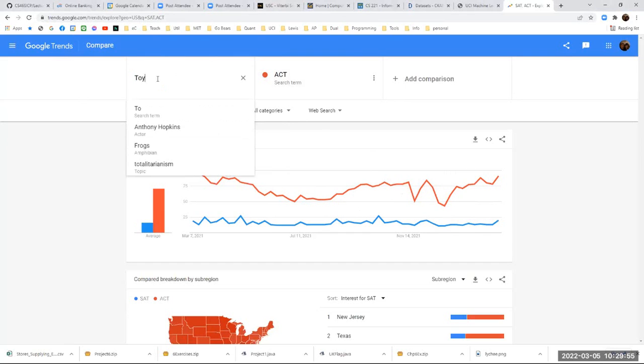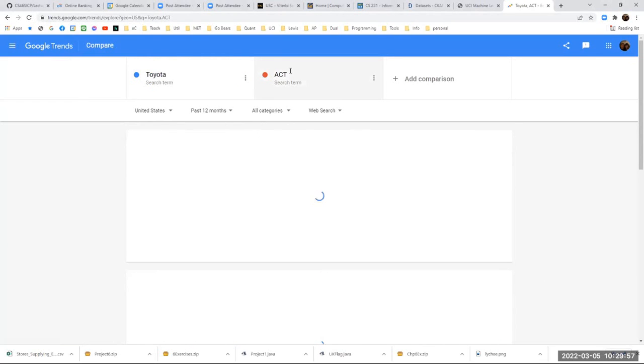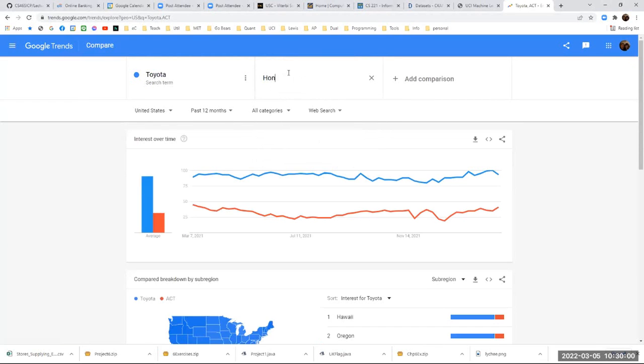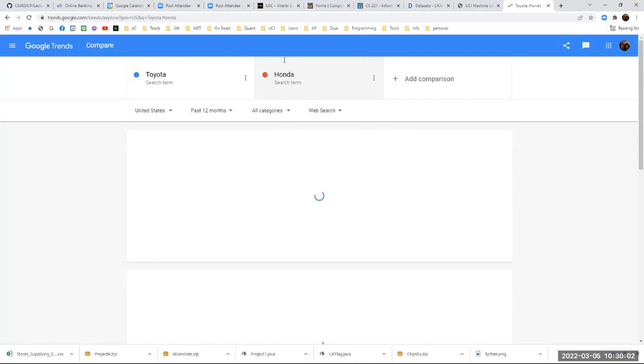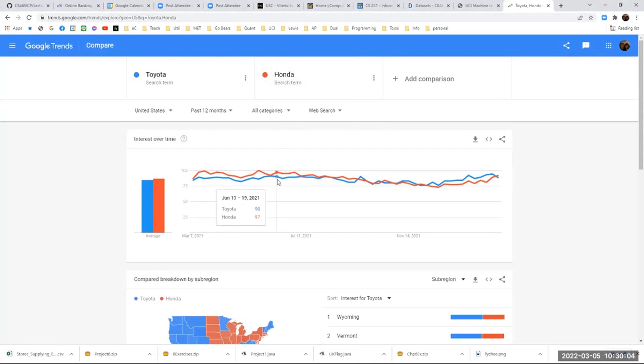Same thing here. If I say Toyota versus Honda, almost the same. But can you predict that Honda and Toyota, their sales are the same? Maybe not.